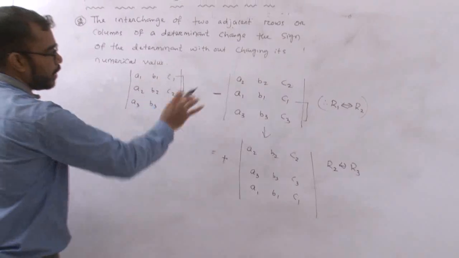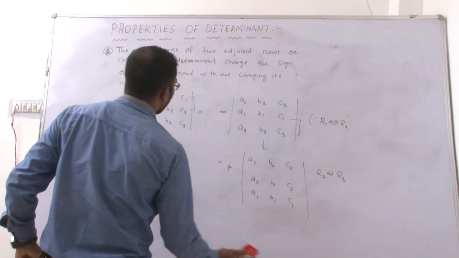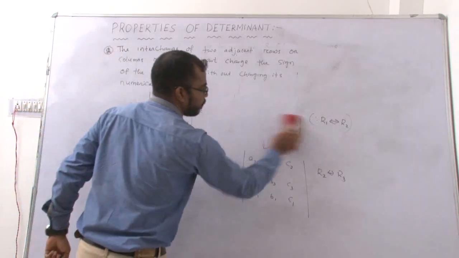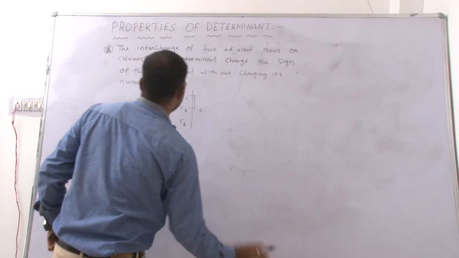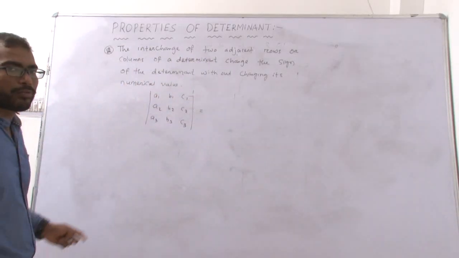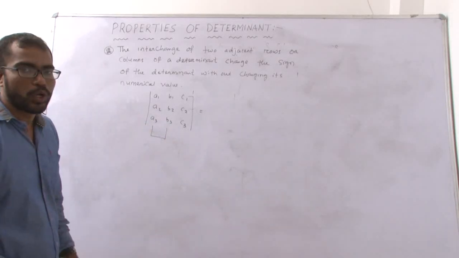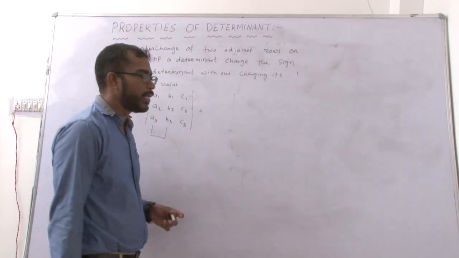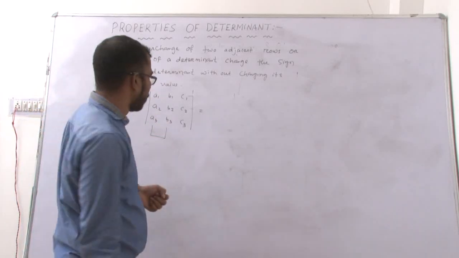Suppose here we changed row to row. Now we take column to column. Take another example. This is a determinant of third order. Suppose we change column 1 and column 2, because column 1 and column 2 are two adjacent columns.